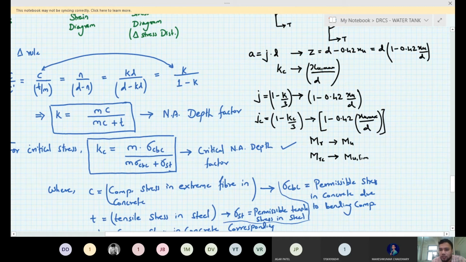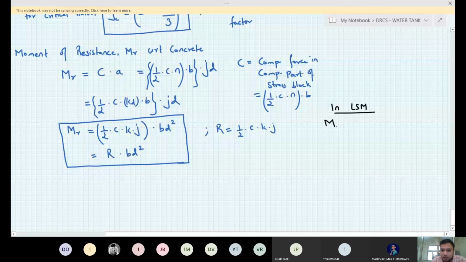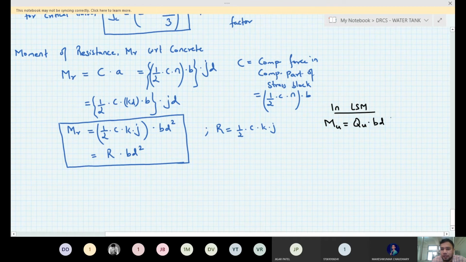In the limit state philosophy, you use the limiting value of moment, Mu limit. So here it will be MRC. Now in limit state philosophy, this Mu is equal to Qu times bd square.